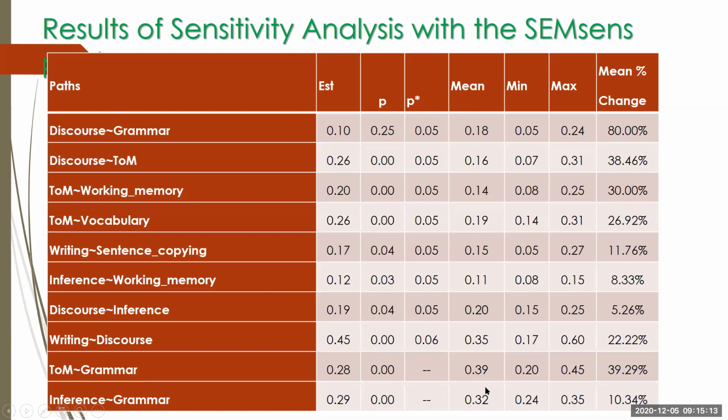The mean across the search was 0.32, which is pretty similar to 0.29, and it only varied from 0.24 to 0.35. So it didn't vary that much. So this relationship here was not sensitive to an omitted confounder.